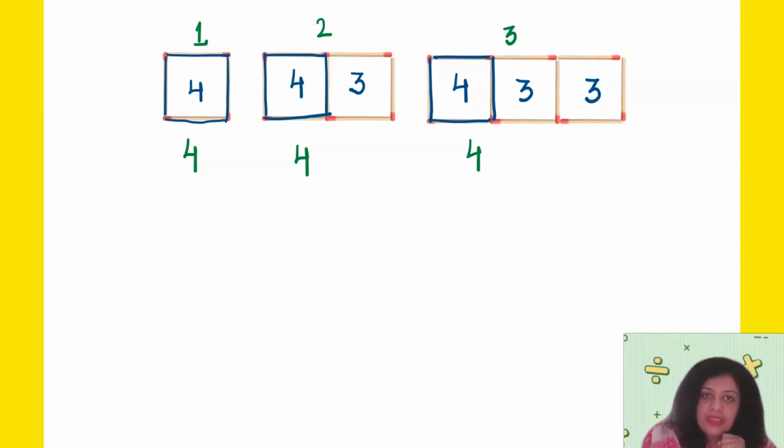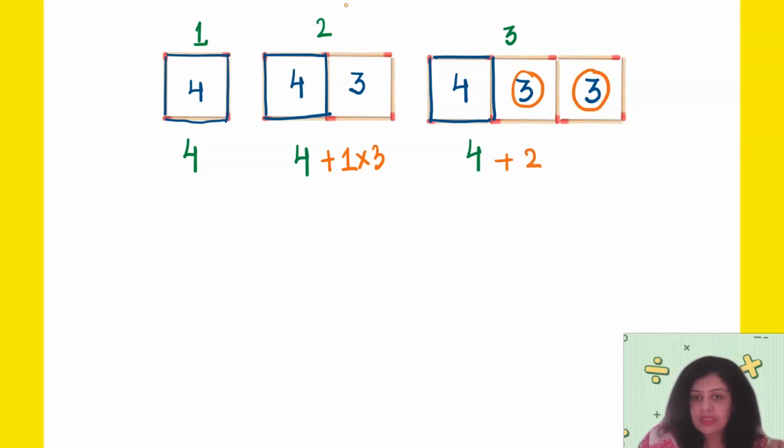Now for the second figure, 1 group of 3 matchsticks has been added. For the third figure, 2 groups of 3 matchsticks have been added to make 3 squares.